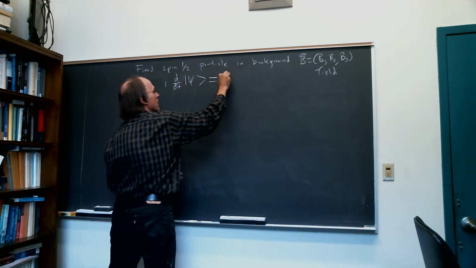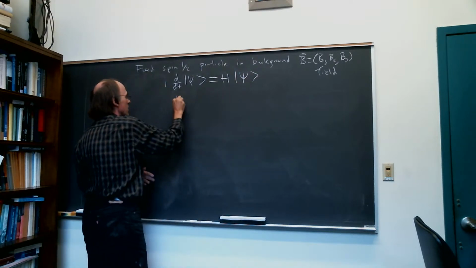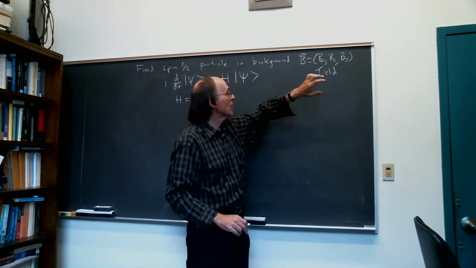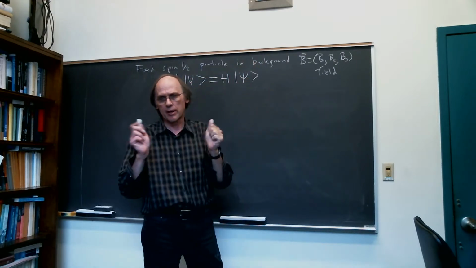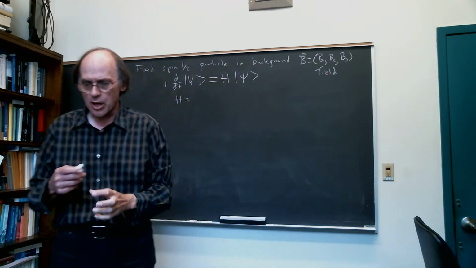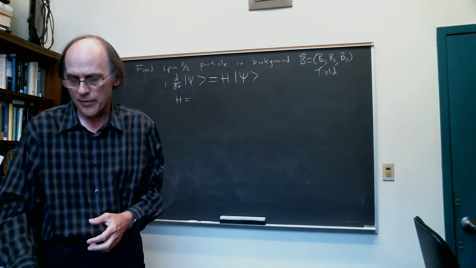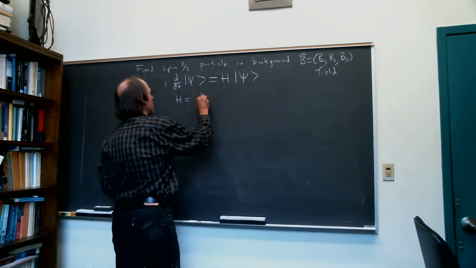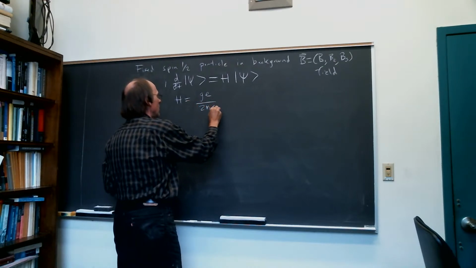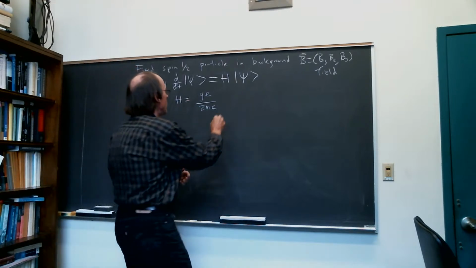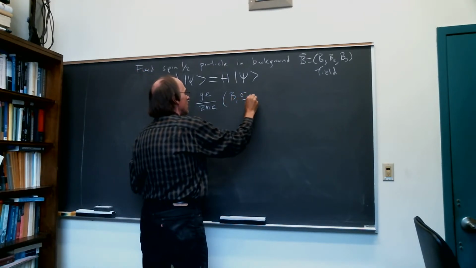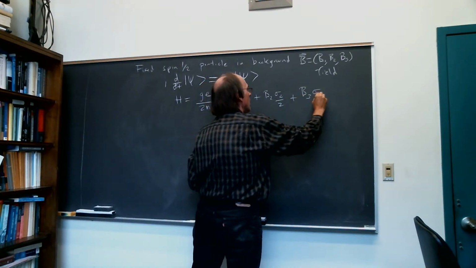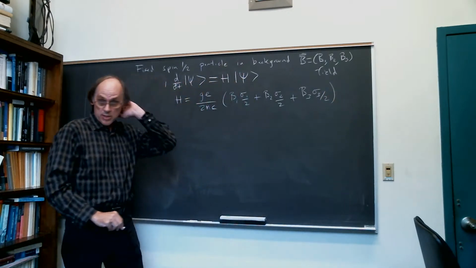And H is just a linear combination of the self-adjoint operators we know about, the Pauli matrices, and the particular combination that comes out of this more advanced theory of electromagnetic coupling is g e over 2mc, then B1 sigma 1 over 2, and so on.